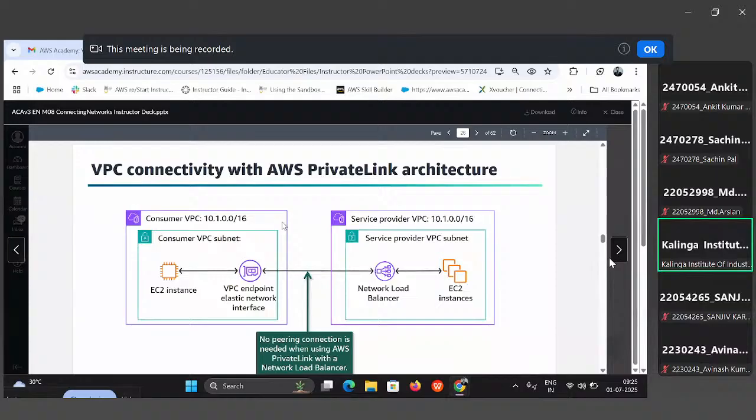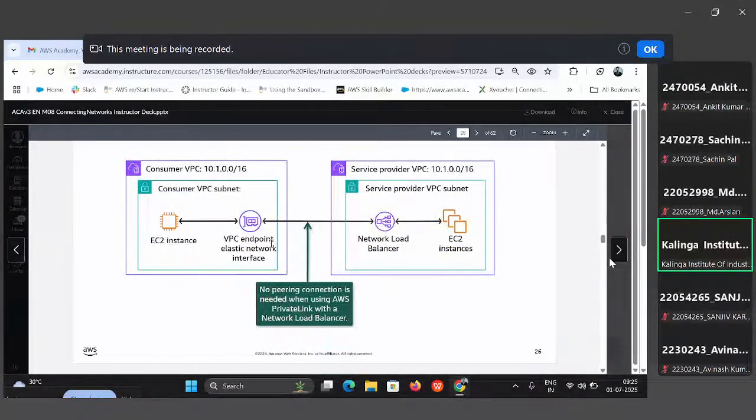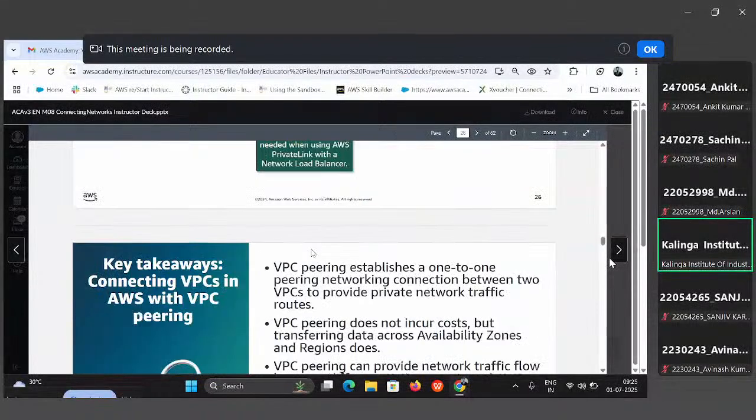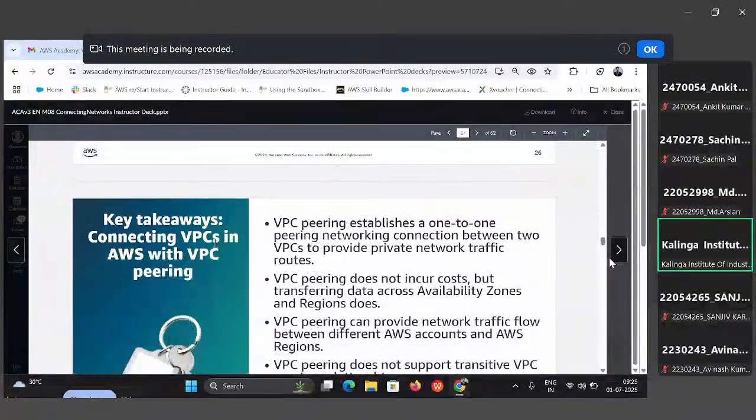That way you can establish direct one-to-one VPC connections. So you can go ahead with the VPC endpoint elastic network interface along with the network load balancer, right? No need of connecting peering connections here. You can use PrivateLink to connect your VPC. Now you can just go ahead with the key takeaways.